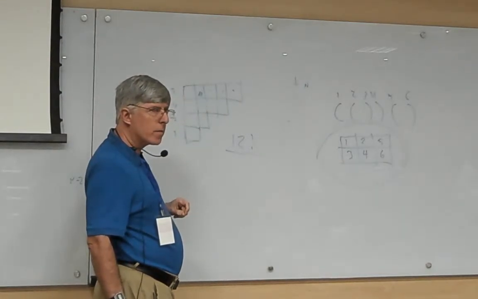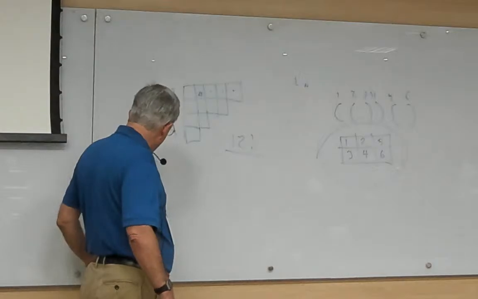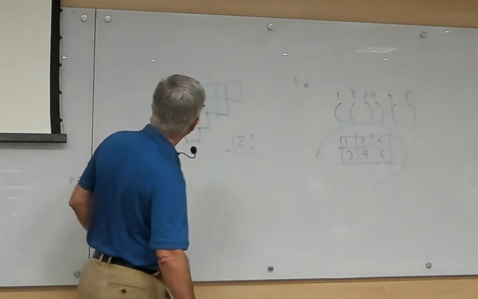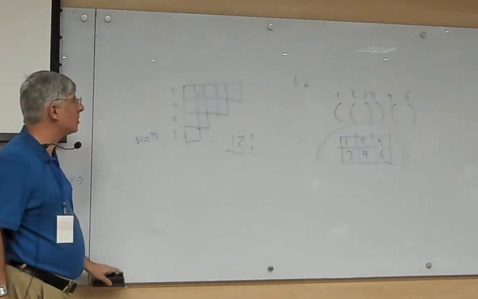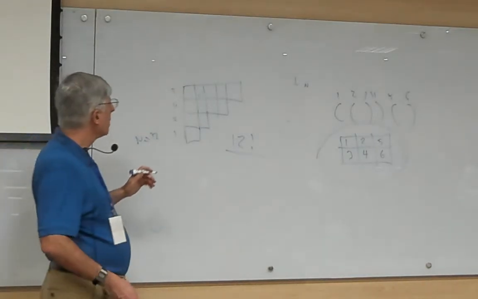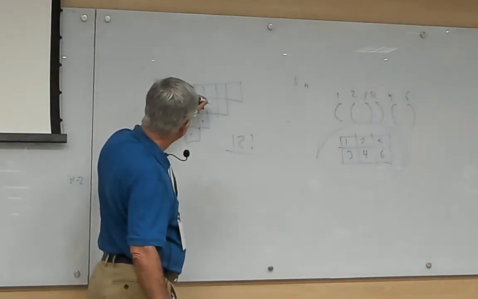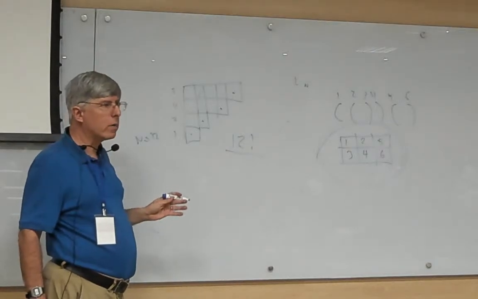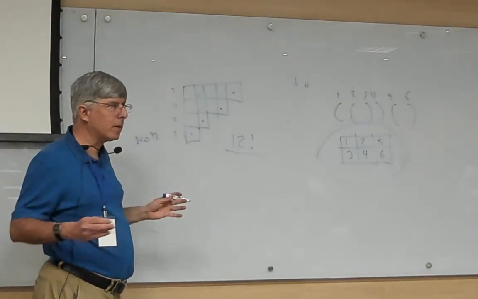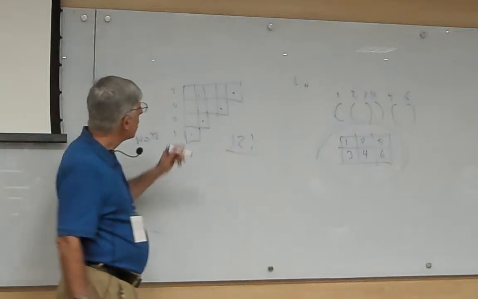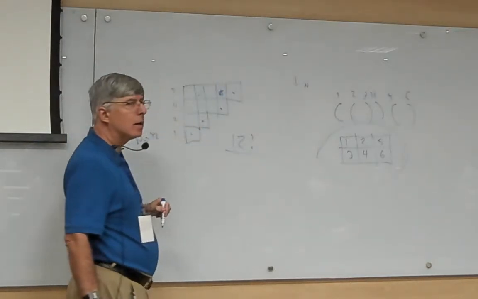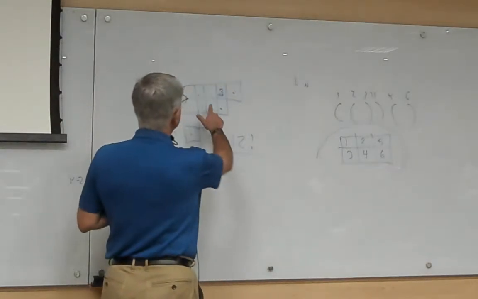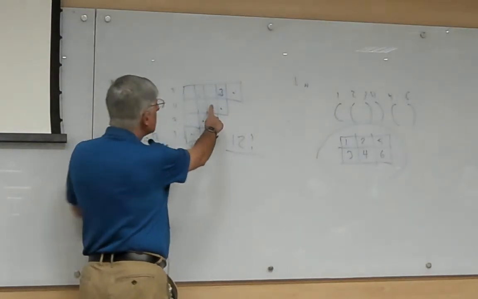So let's think about that. What are the hook lengths that we get in this table? Well, this and this have hook lengths of size 1. What's divided by 1, what happens? Nothing changes. What's the size of this hook length? 3. Let's write it down here. 3. What's the size of this hook length? 2.